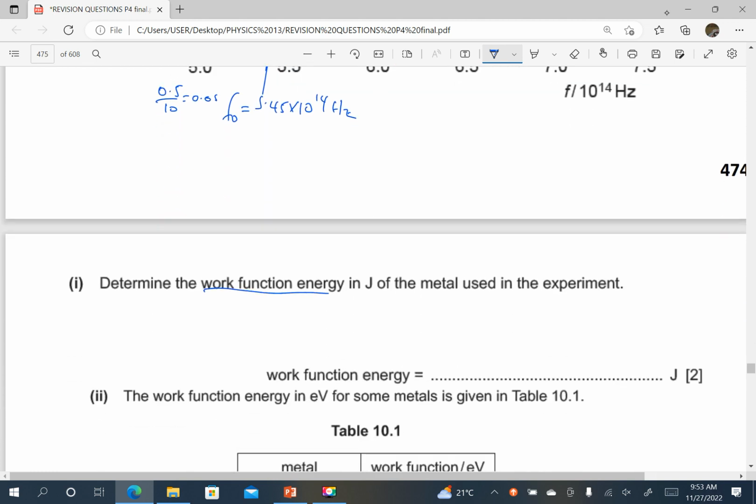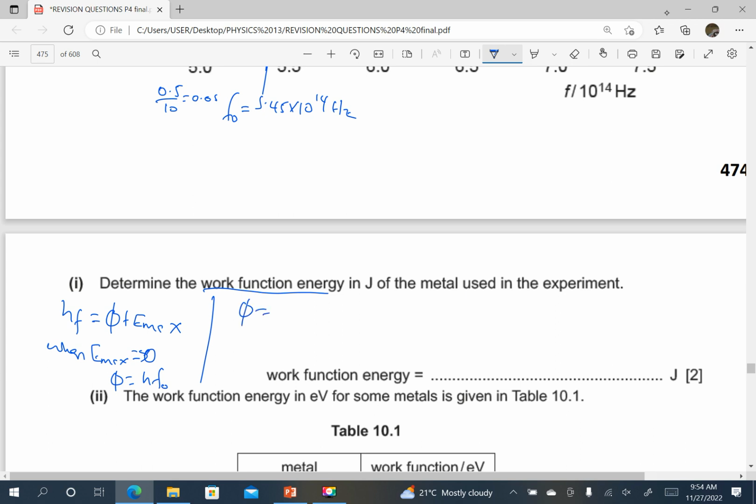So let us see now the questions. Determine the work function, energy in joules of the metal used in the experiment. So that is now very easy. Energy of the photon is given as HF, which is equal to the work function plus the maximum kinetic energy. When Emax is equal to 0, it means that the work function is equal to H times F. We just look for that point where Emax is 0, and it will give us the threshold frequency F naught. From the graph, F naught is 5.45 times 10 power 14 hertz.